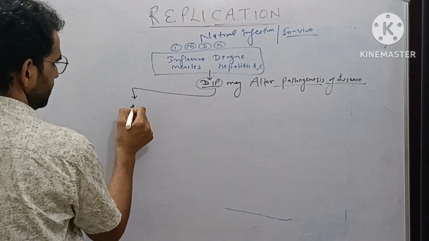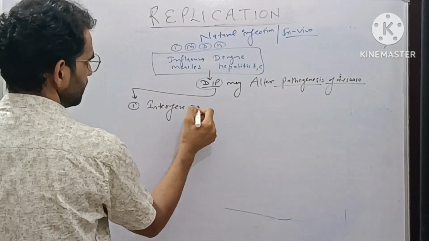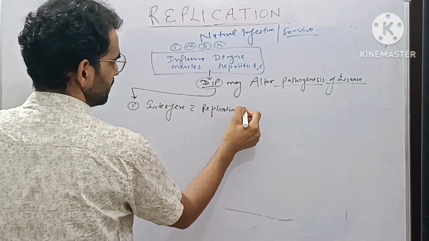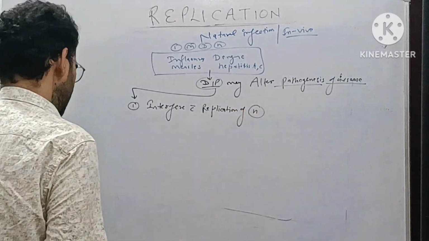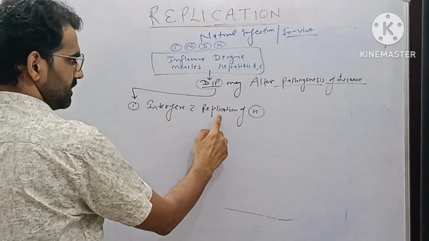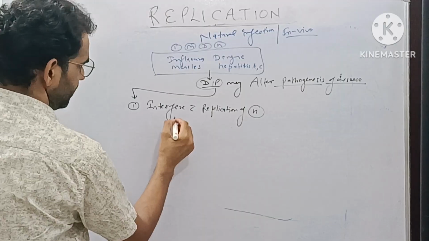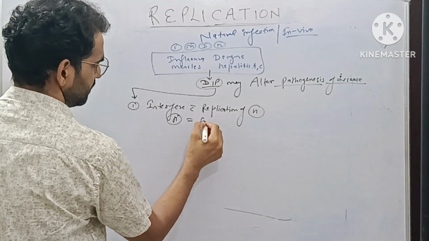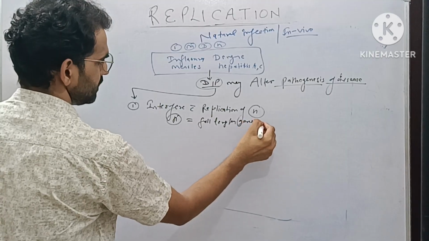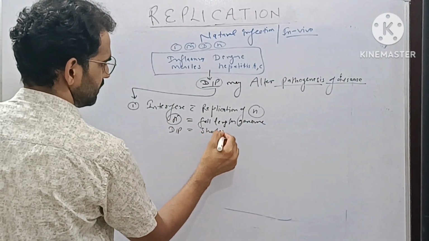Number one, they interfere with replication of the helper virus. Helper has the full-length genome and DIP has a shorter genome.